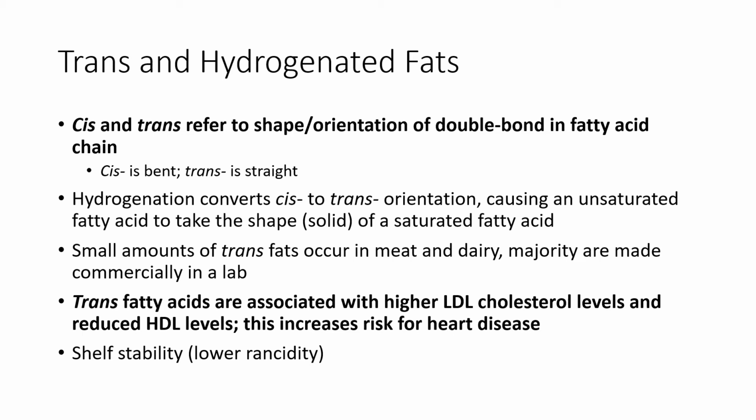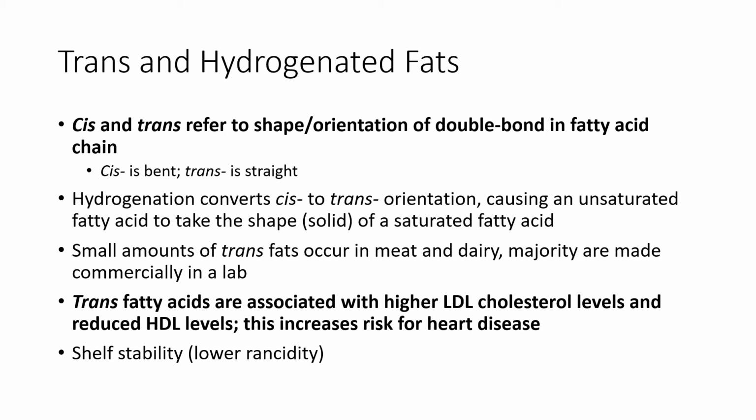So the double bonds, when it makes that kink, we call that cis. And if you recall the way the chain kinked, the two ends kind of went down to the same side. So that's cis, meaning same. Trans means opposite or different. And so in the trans shape, we would twist one end upward so that the chain would actually be straight. So cis is same, trans is opposite.